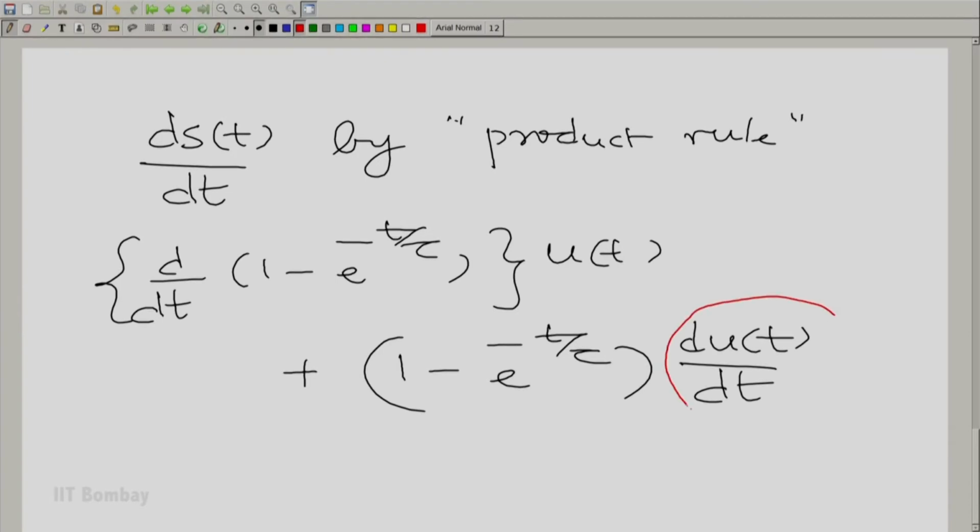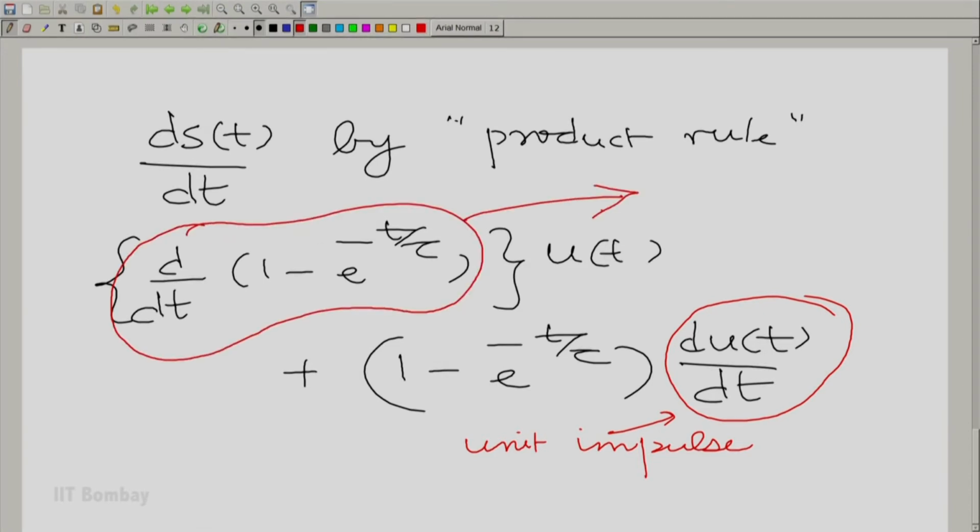But we know what this is. This is the unit impulse, and this is easy to find. This is essentially minus 1 by tau times e raised to the power minus t by tau.